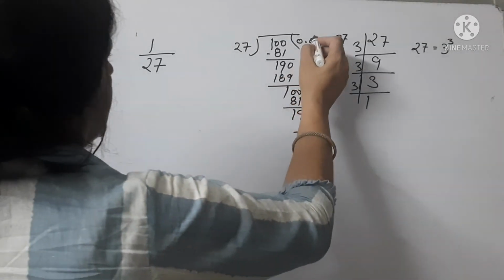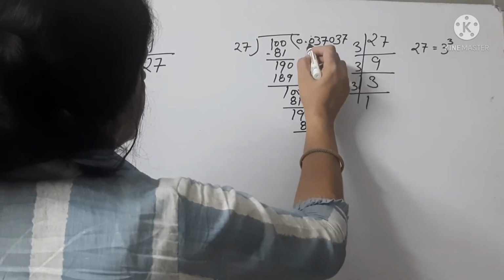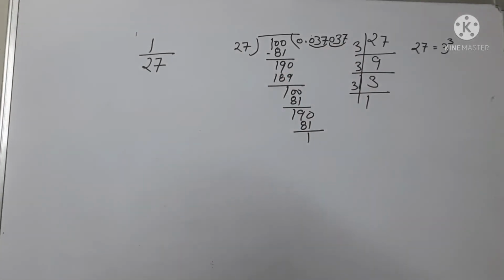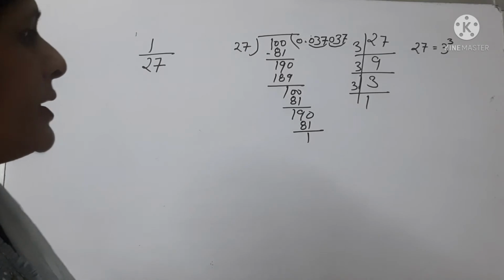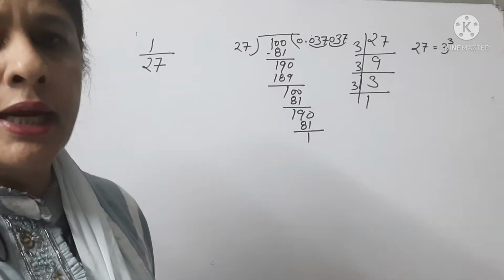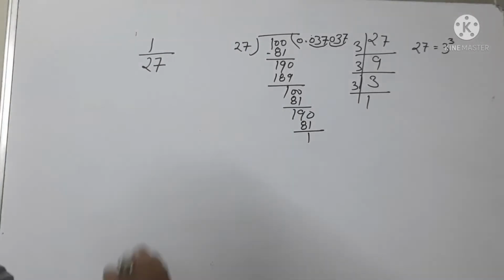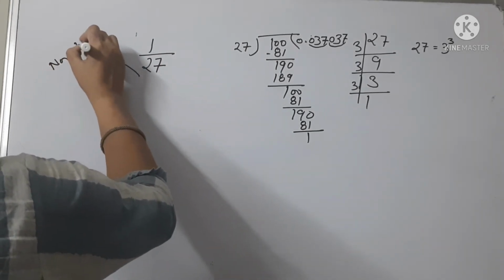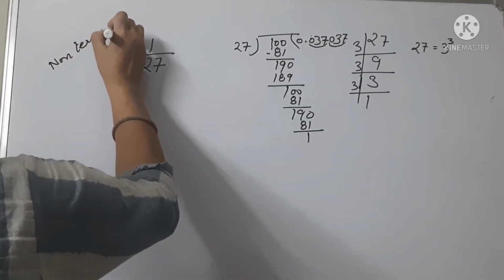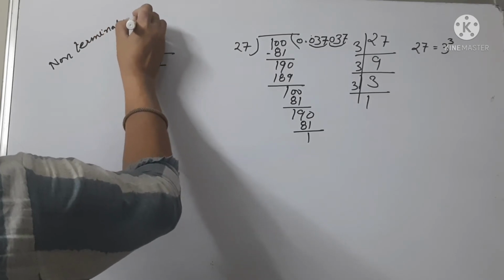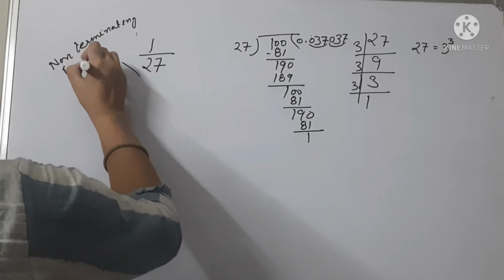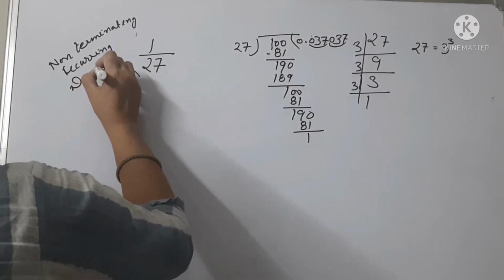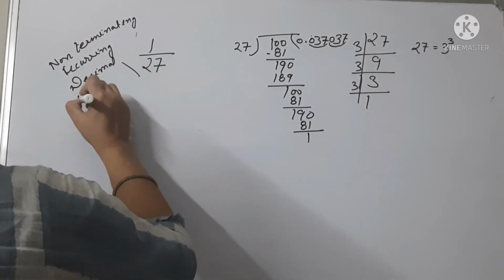So we say the group of numbers 037, 037 is repeated. This is a never-ending procedure. That's why this is a non-terminating recurring decimal expansion.